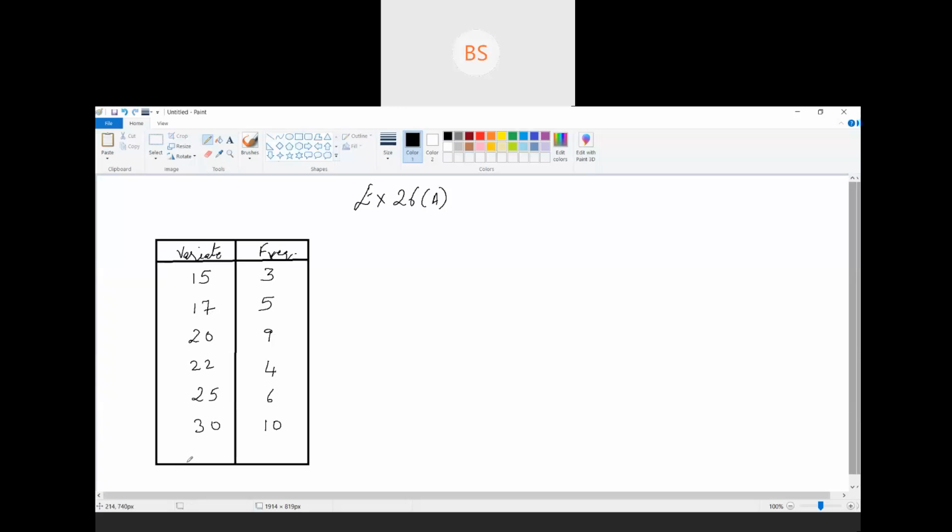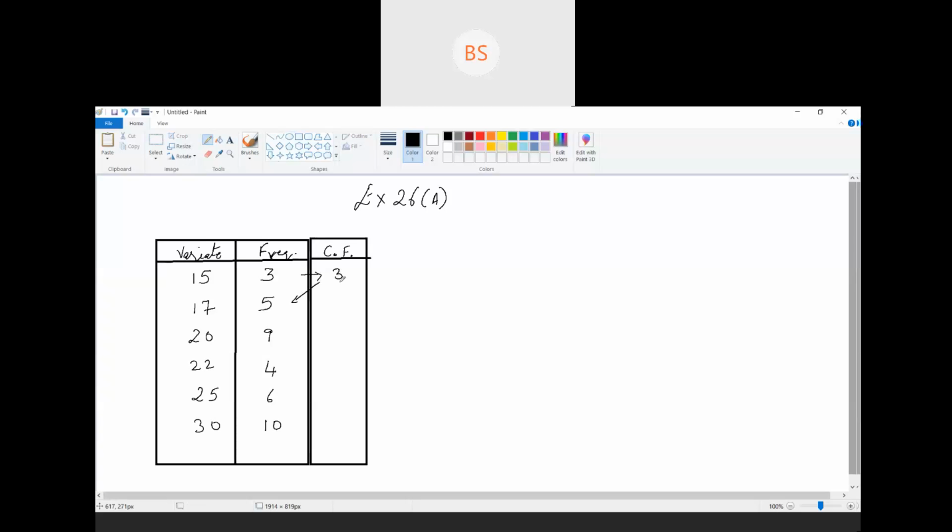Once we arrange them in ascending order, we have to find out the cumulative frequency, the one we did to draw the ogive curve, right? So here we have to find out the cumulative frequency. How do we find it? The first frequency value we write as it is. Then we go on adding the frequency.